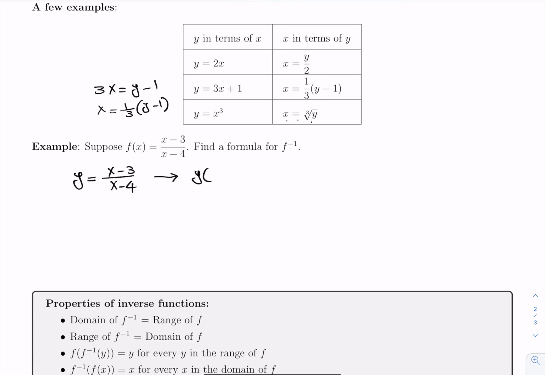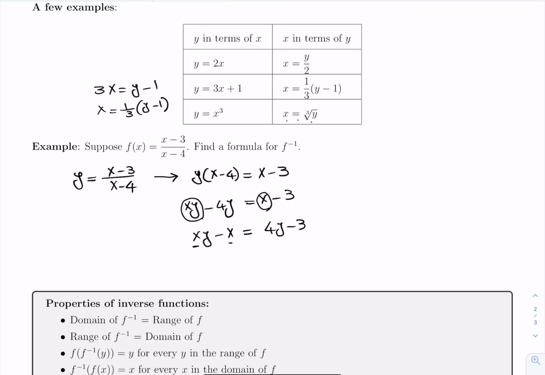So y times x minus 4 equals x minus 3. That is xy minus 4y equals x minus 3. We're solving for x, so let's move all x's to one side: xy minus x equals 4y minus 3.